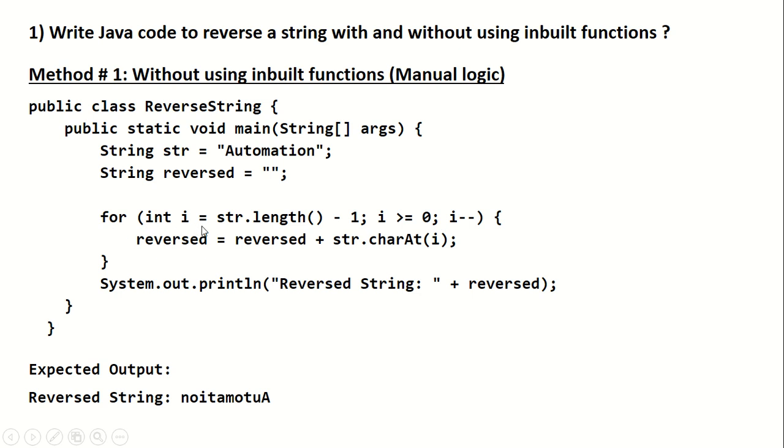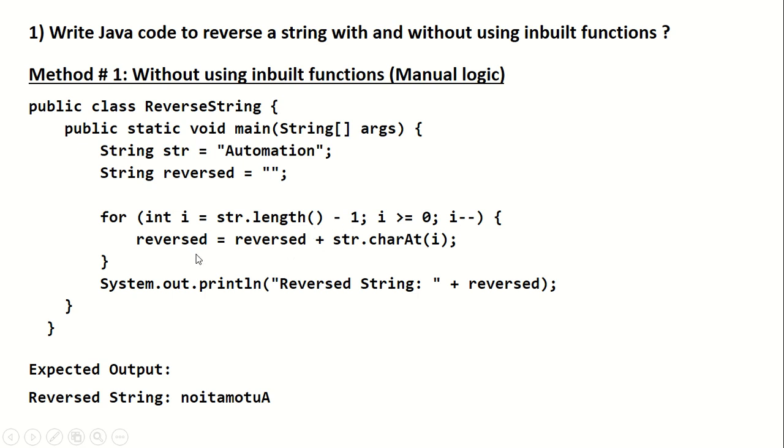Start from the last, hence it says str.length minus 1, which means we are starting from the last. Then check the condition that i should always be greater than or equal to 0, and then decrement the value.